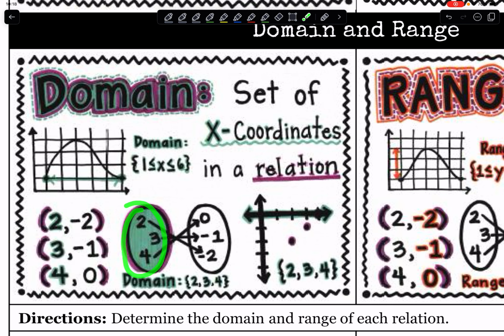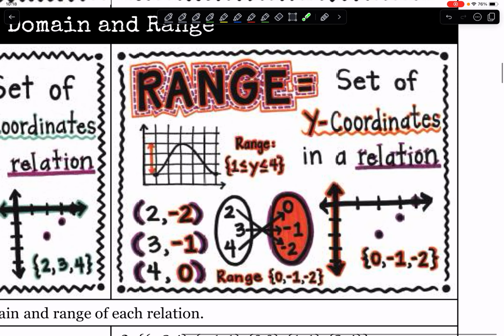So with x and y coordinates, the x coordinates are your domain. And your range is going to be the set of y coordinates in the relation, the second element of that relation. Whether they're numbers or letters or whatever it is, it's always going to be that second value of that relation.